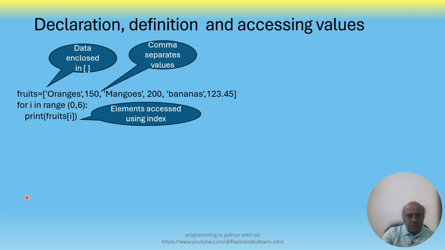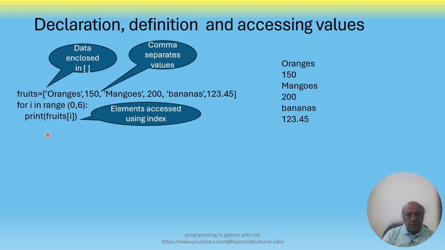So 0 represents the first value in the list, oranges here. When the for loop runs, the loop will execute up to 5, and on reaching i equal to 6, the loop will terminate.